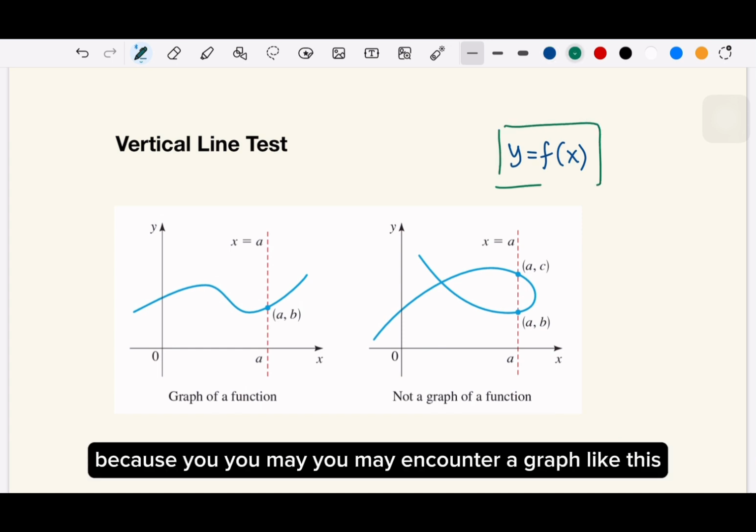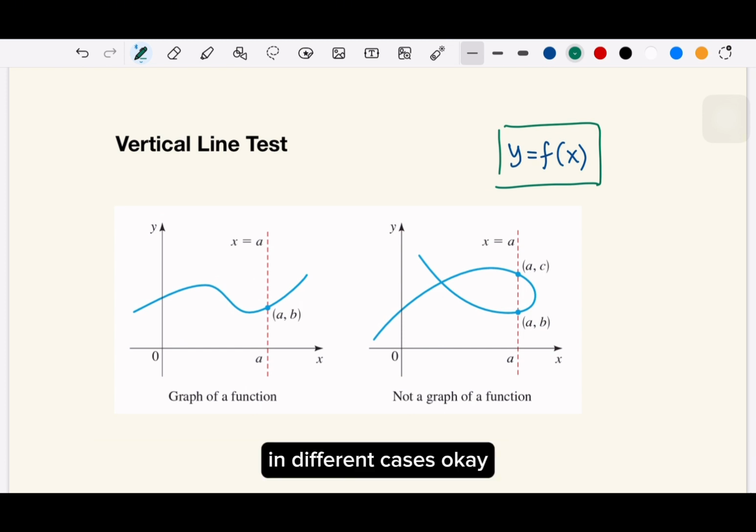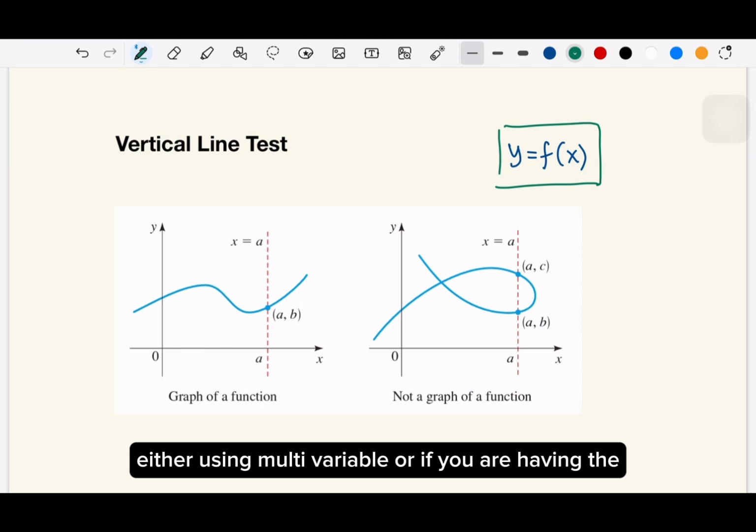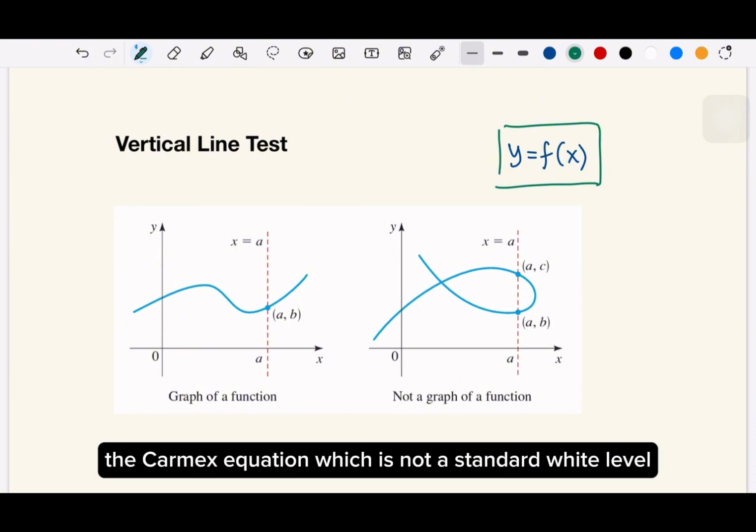Because you may encounter a graph like this in different cases, either using multivariable, or if you have a parametric equation, which is not a standard y equals f of x.